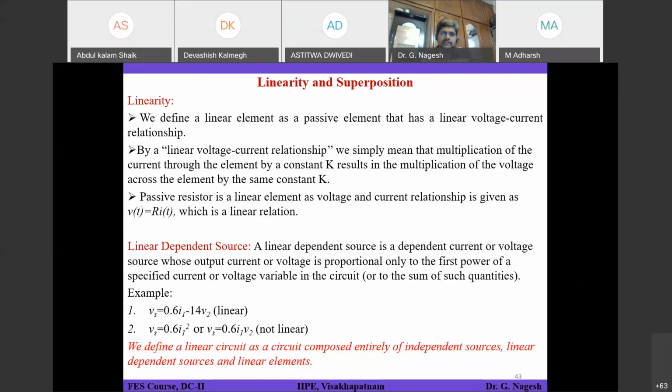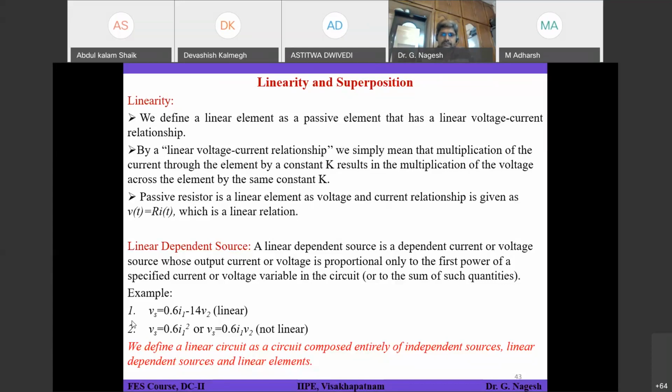When you talk about a linear dependent source, it's the same thing, but it should depend on one variable with first power. That means it should depend on voltage or current, that's all. It should not depend on voltage square, that means Vx square or Ix square, or a product of V into I. If it depends in that fashion, then we will not call it a linear dependent source.